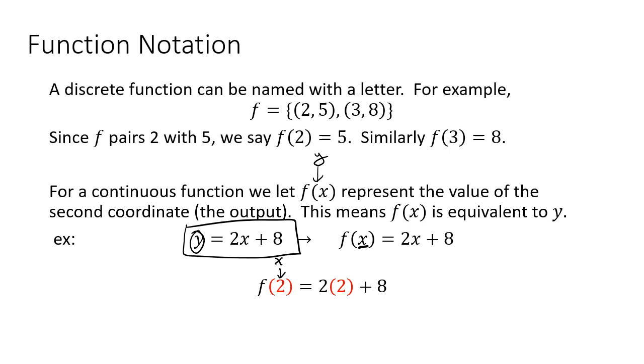And so in this case, f of 2 would be equal to 2 times 2, which is 4, plus 8, or an output of 12. f of 2 is 12. And again, it's important to note this thing in parentheses would be the x value. This output would be the y value. So this would correspond to the ordered pair (2, 12).